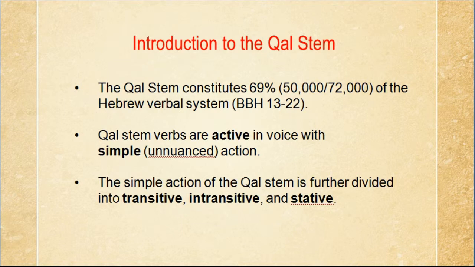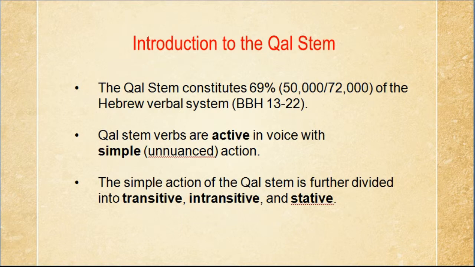To begin, let me say that Qal stem verbs are active in voice and simple or unnuanced in their action. So obviously remember we talked about active and passive and reflexive voices. Qal is always active. And the simple action versus a very complicated action, we talked about the continuous action and different aspects of action going on.